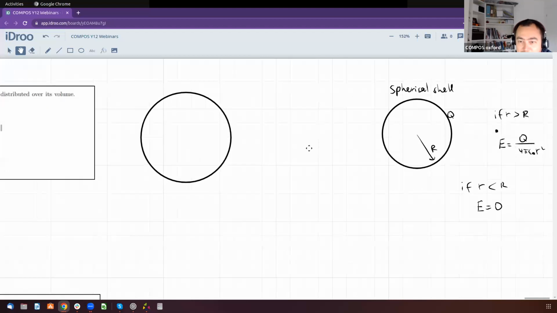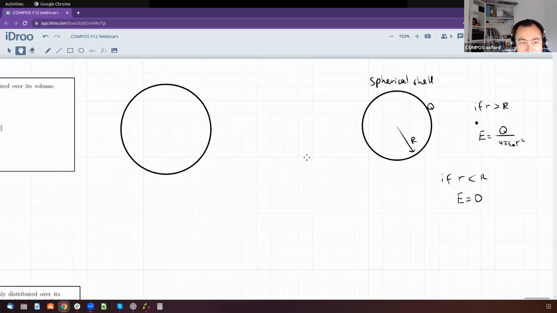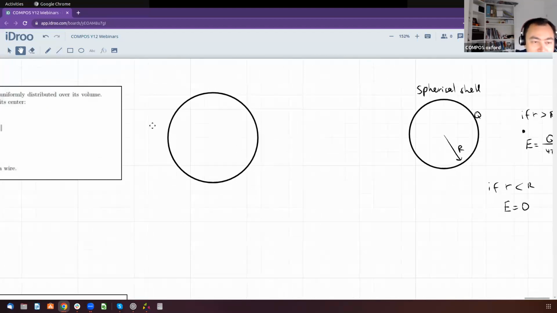There's no difference here, because you add all of these thin shells, and it turns out that outside the field is going to be Q divided by 4 pi epsilon naught r squared, where r is the distance from the center.